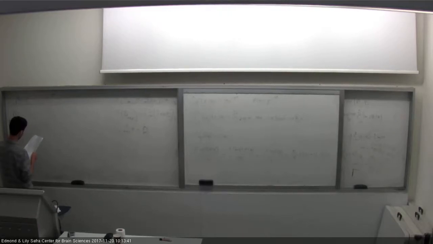For example, we have our observations, where f of x given mu and sigma squared is a normal distribution.